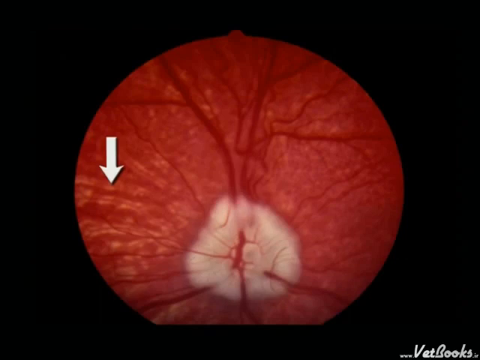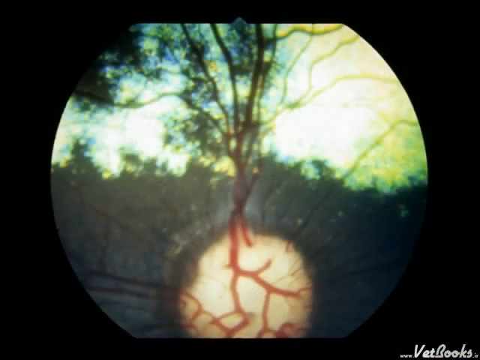The more animals you look at, the more variation of normal you will see. And so you need to build up a library, if you like, of normals. And if something is different to what you're used to, then you need to try and establish whether that is a genuine variation or whether there is pathology there.